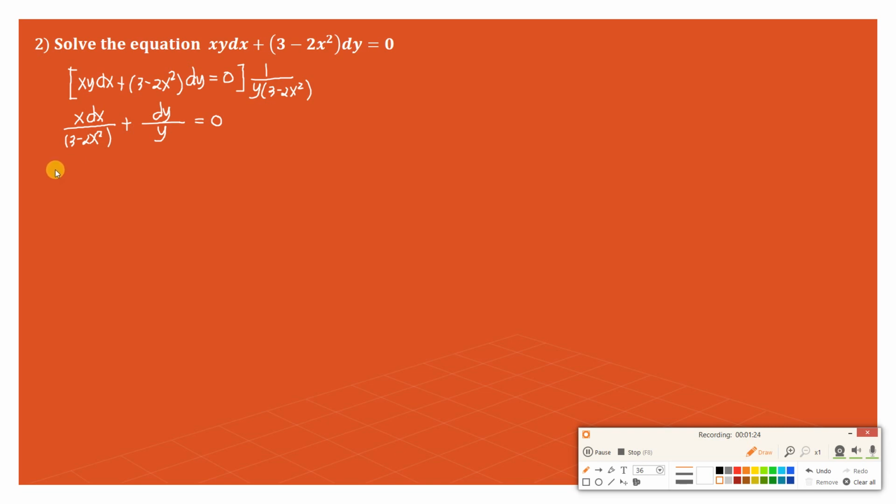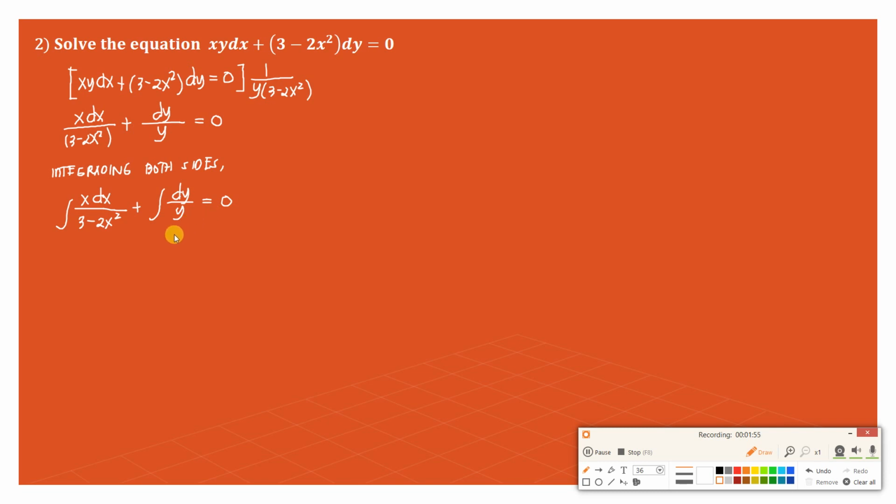By integrating both sides, so we have integral of x dx over 3 minus 2x squared plus integral of dy over y equals to 0.